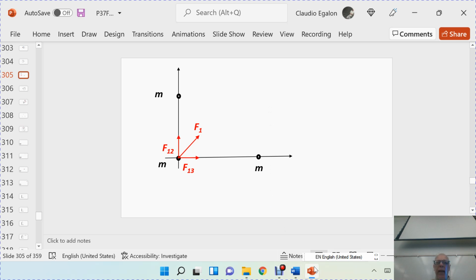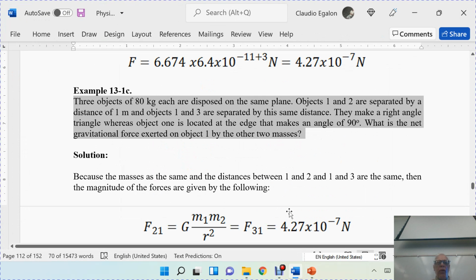So we go ahead and calculate each of those forces. Here I changed the notation. I'm saying force of 2 in 1, force of 3 in 1. Those two forces are going to be equal because the distance between the masses is the same and the values of the masses are the same too.